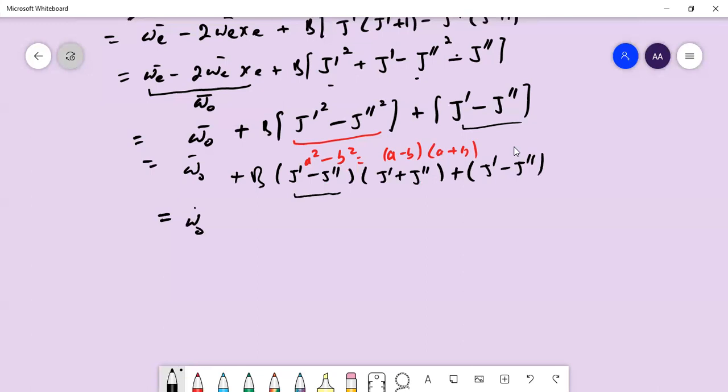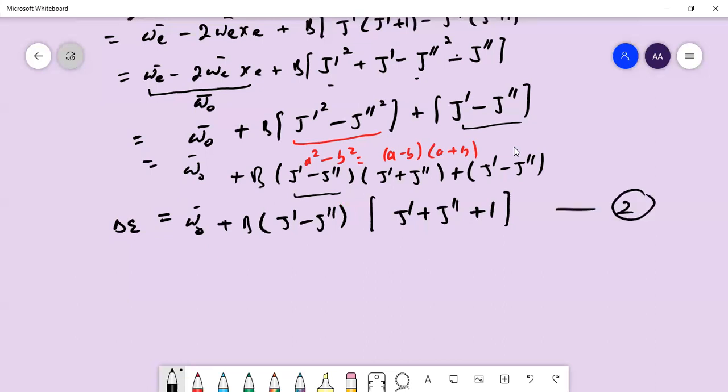So what I will remain here is b J' minus J''. B is already, we have taken it common, J' plus J'' and here we will get 1. So this is the equation. We have another equation, that is the energy, that is delta E, is equal to omega naught bar plus B J' minus J'' into J' plus J'' plus 1. So let's type this as equation number 2.